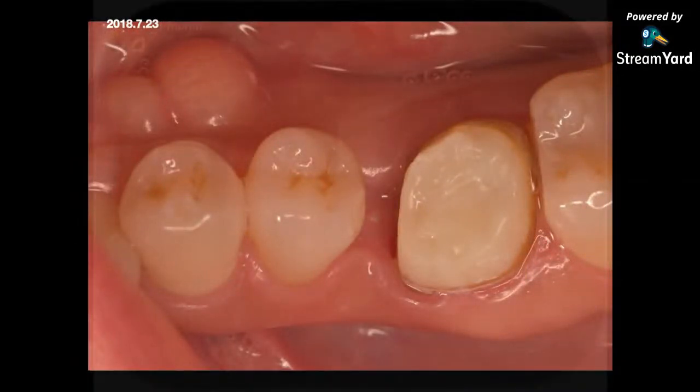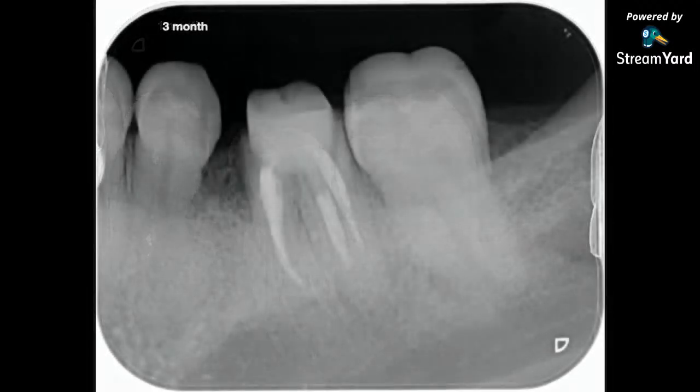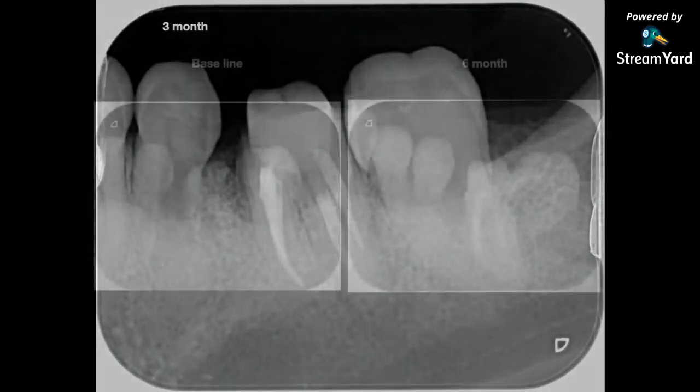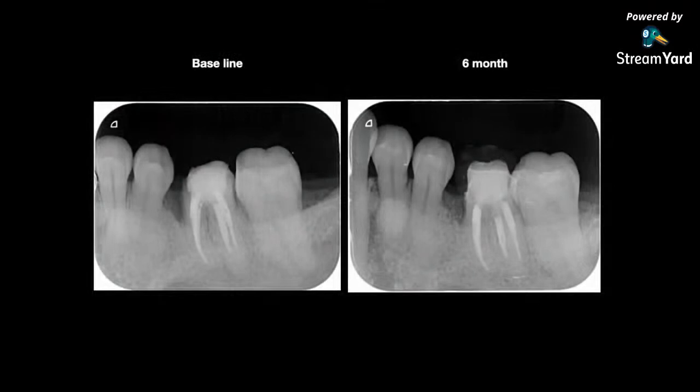This is 1 month and 3 months, and the baseline and the 6 months. It looks a little bit not so calcified, but regeneration will keep occurring, sometimes for 3 years.